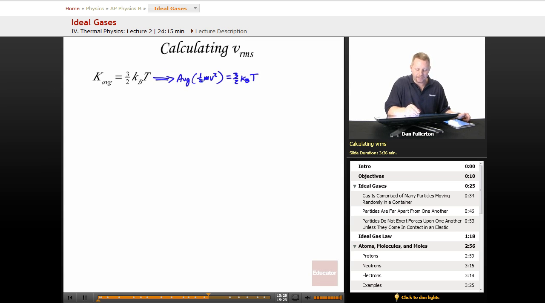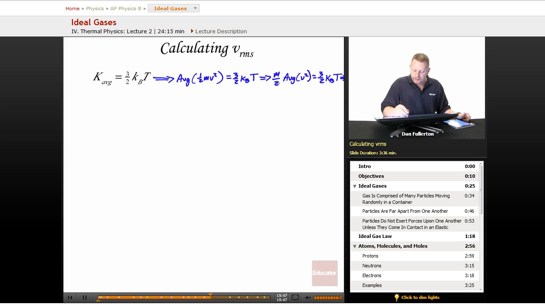And so can the 1/2. That's a constant too. So that implies if we pull the m over 2 out, that m over 2 times the average of v squared equals 3/2 kB T.